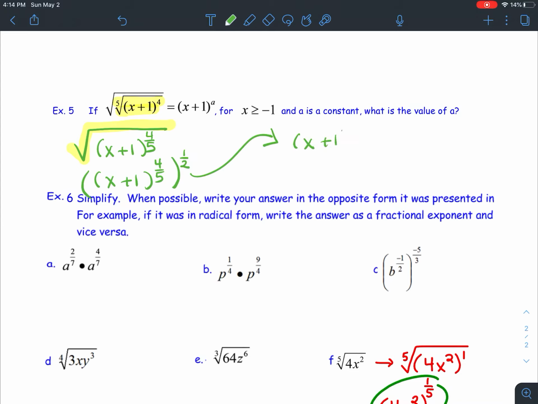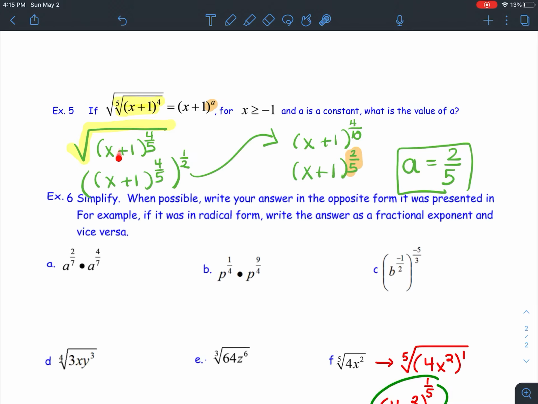My two fractions, 4/5 and 1/2, I'm multiplying those together. My new exponent is 4/10. I think 4/10 would reduce, so I'm going to reduce that to 2/5, and then 2/5 is what I'm going to report for what that exponent a should be.